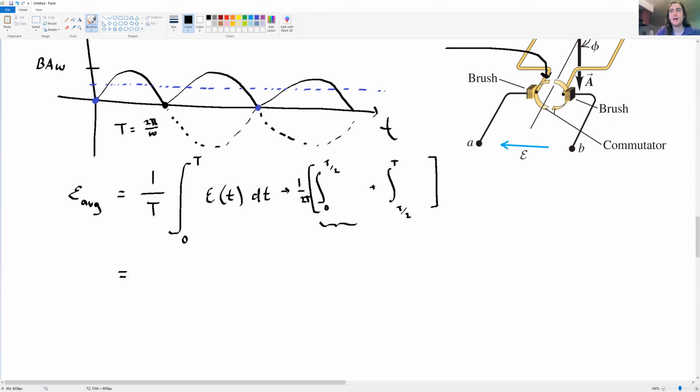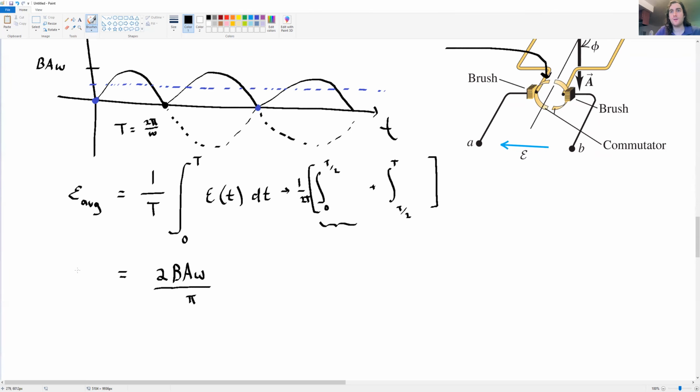And when you do this integral, you get BAω over π, if I'm not mistaken. Let me go ahead and double check that. Oh, sorry, I'm missing a factor of 2 here. You get 2BAω over π. So that's the average voltage there.